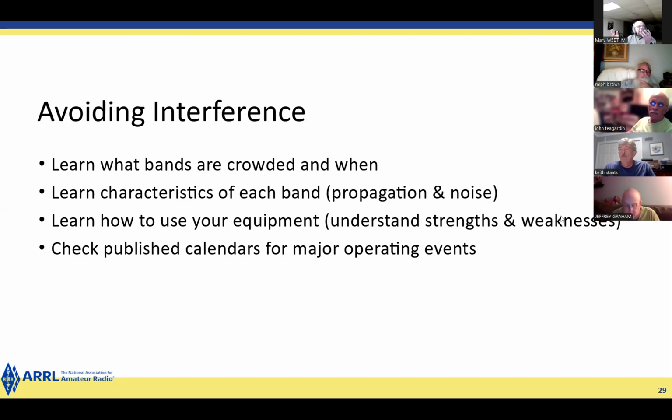So again, you have to learn how to use your equipment. You have to understand its strengths and weaknesses. There is no perfect radio. You'll never find it.